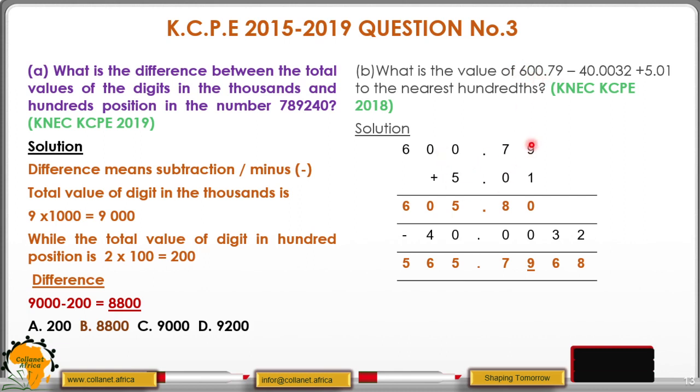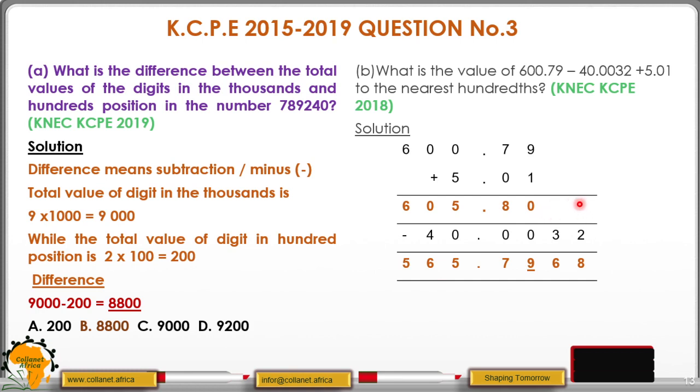So you add the 2, you get 9 plus 1, you get 0, carry 1, you get 8 here. Then the decimal point should be there. Then on the ones place value 5, 0, 6. Then subtract. Note that even if you don't have values here, it means that there are zeros here.